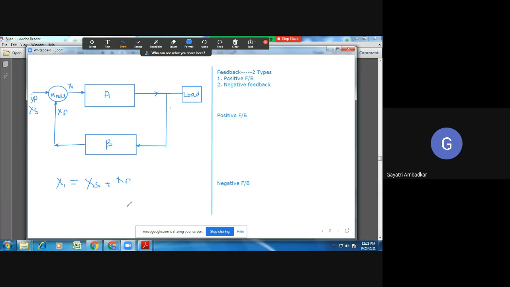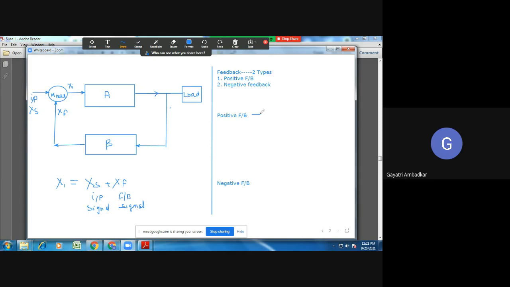So when the input signal Xs and the feedback signal are both in phase, then the feedback is called positive feedback.